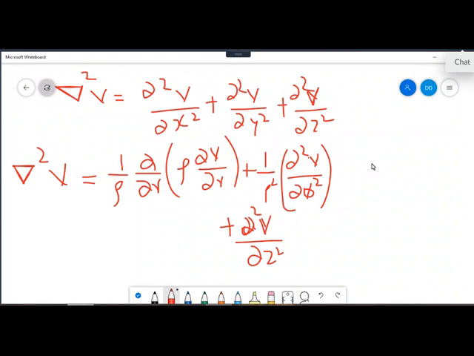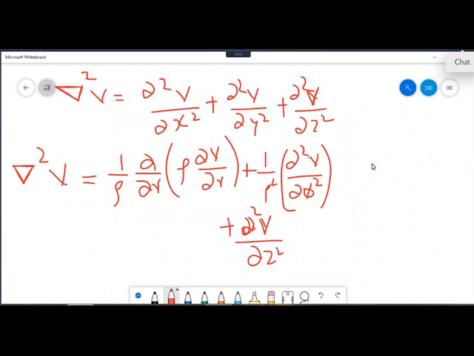So this is in cylindrical coordinate system. This is how you represent the Laplace equation. If you write equal to 0, it becomes Laplace equation in Cartesian coordinate system, Laplace equation in cylindrical coordinate system.